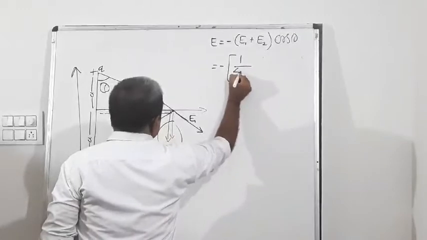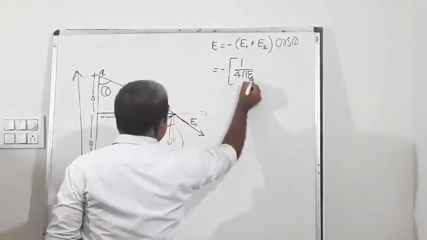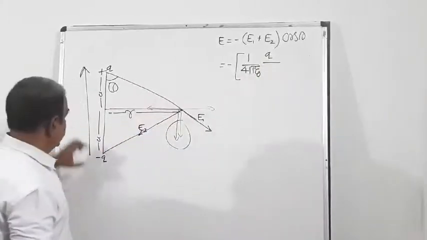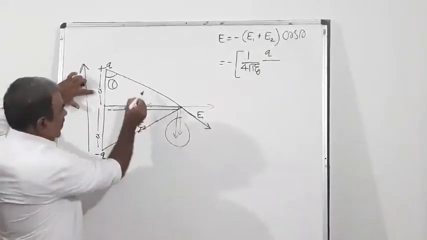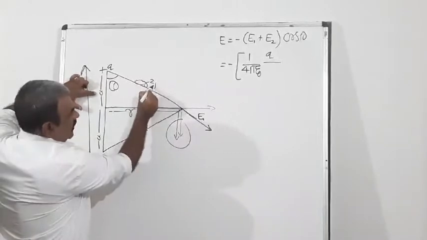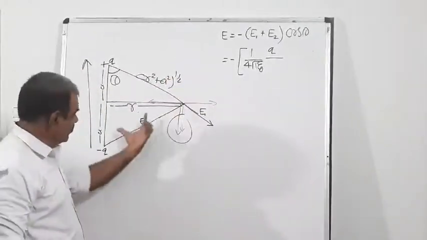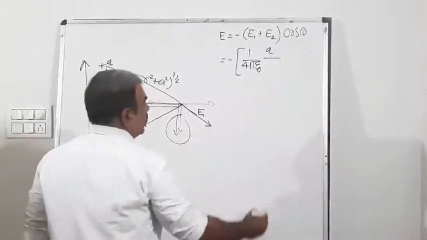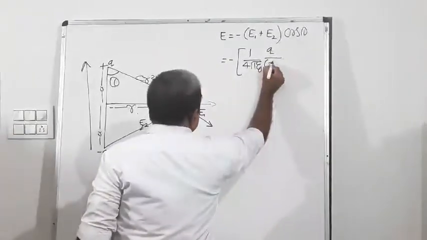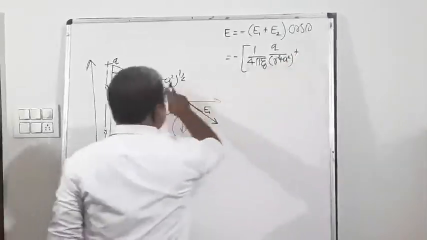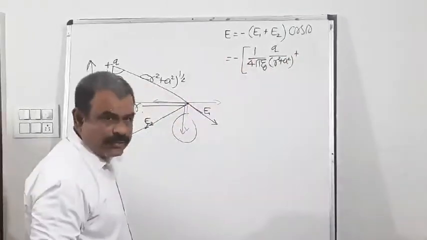E1 is 1 over 4 pi epsilon 0 q upon distance square. See, the distance is a and r, so this will be r square plus a square raised to power half. Simple Pythagoras concept. Same is over here: r square plus a square raised to half, and the distance square should be there.